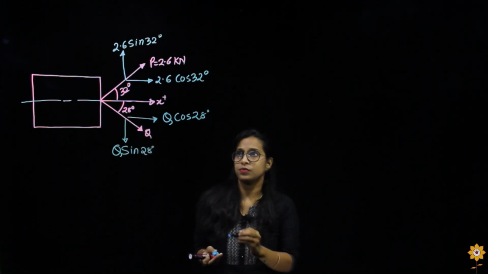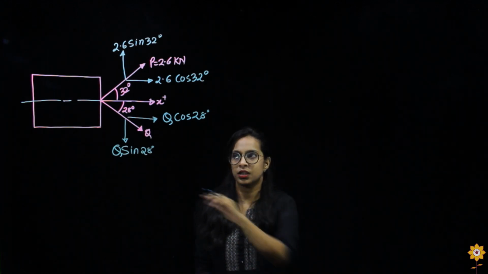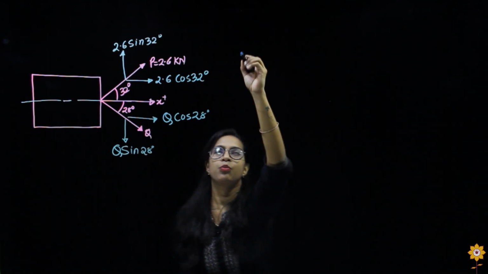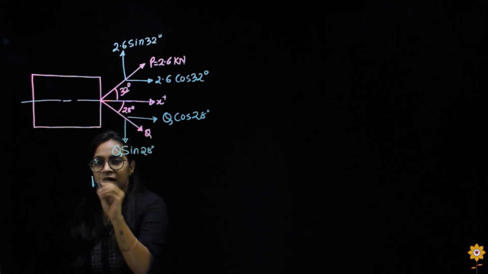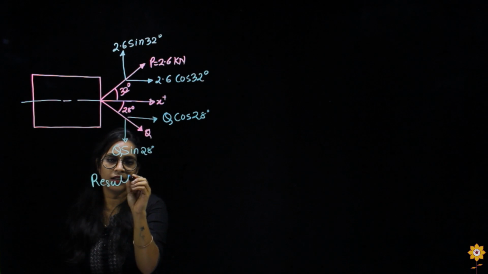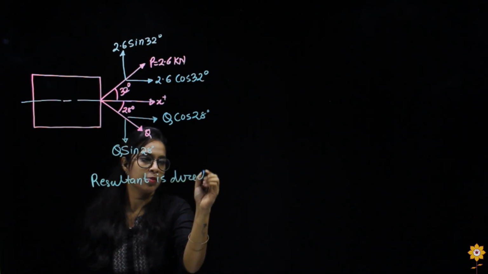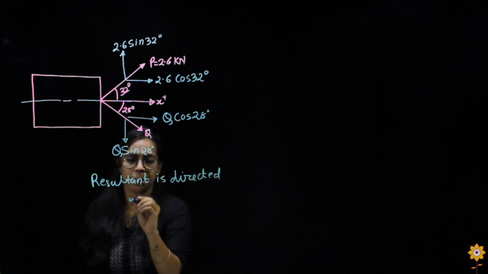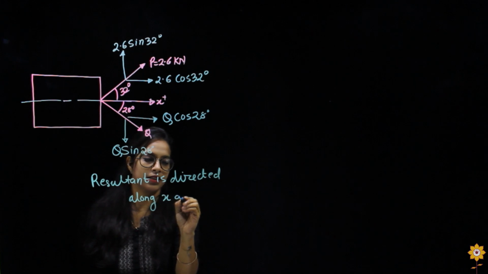So now, as we have resolved the forces, let us move on to the solving part. In the question it was given that the resultant is directed along the x-axis.